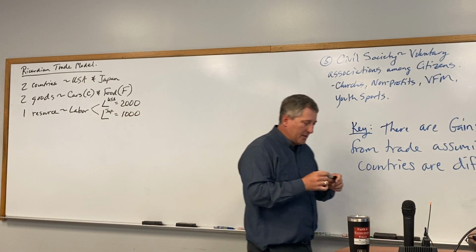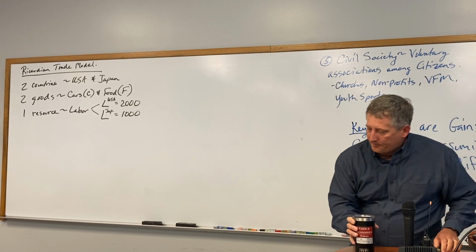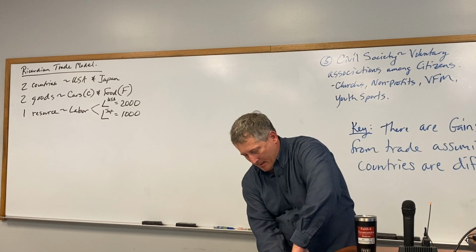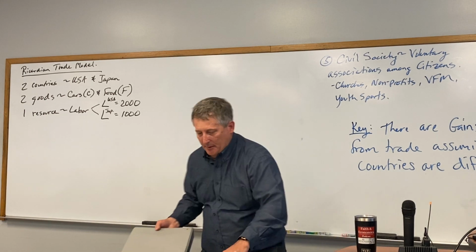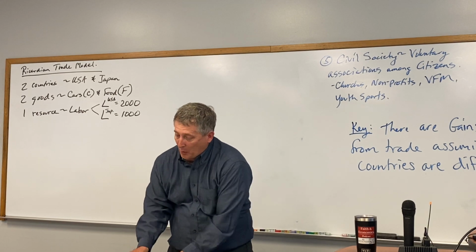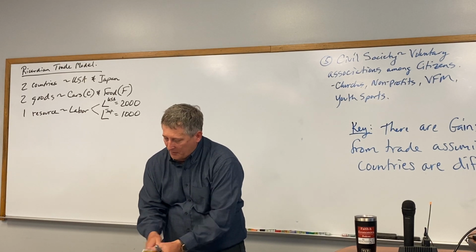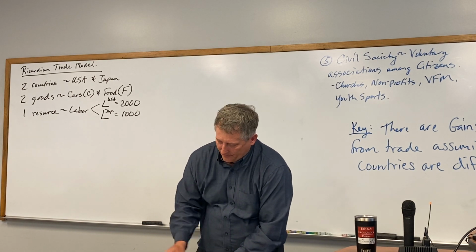So we got two countries, different sizes. And that is their breakdown. And then the other thing we're going to look at is the productivity of their workforce. So what do we mean by productivity?